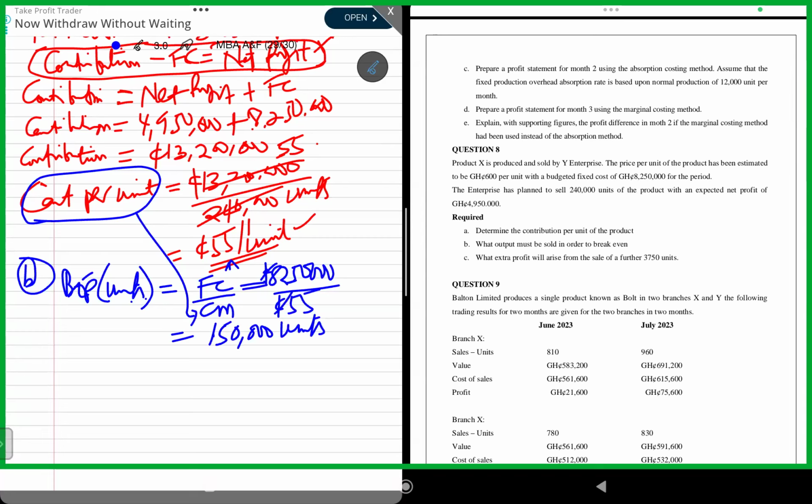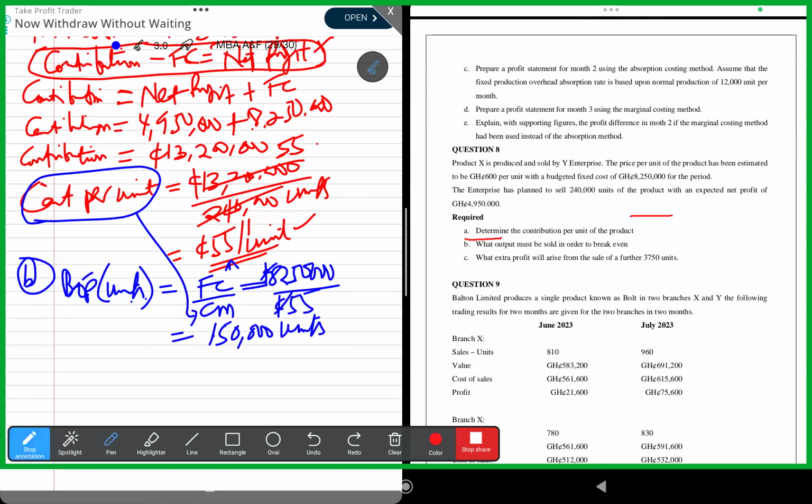When you hear the word planned, planned is the same as budgeted, is the same as targeted. They can use the word forecasted, or estimated.